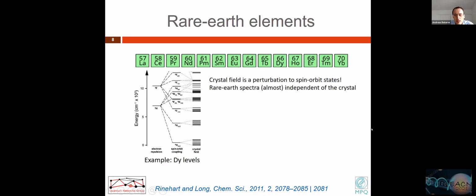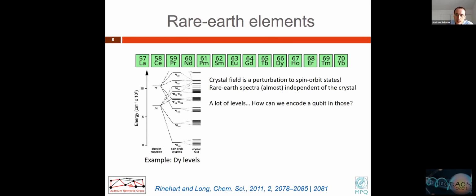This means that it doesn't matter in which crystal you look at the energy levels of rare earths, they are always at very similar frequencies, independent of the host material. Still, these crystal fields provide a large number of levels.